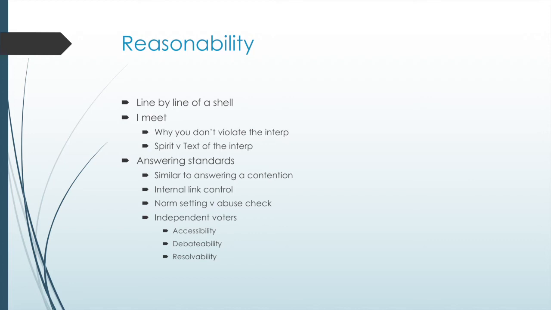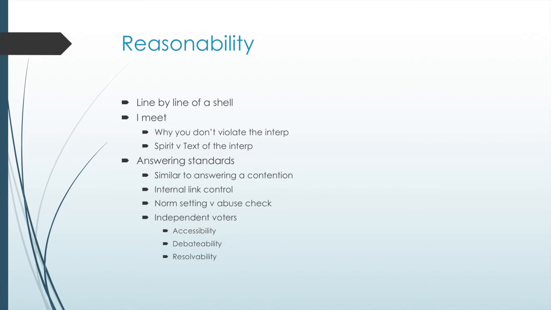So when we're answering standards, what we really want to do is hone in on or consider this from multiple angles, because if we are going through reasonability and we're saying that we did not limit ground, we did not induce strat skew, we did not lead to time skew, what we are basically saying is that there was no abuse, which means there's no need for an abuse check.